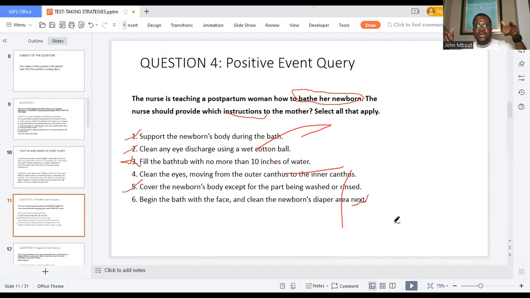So meaning to say from the face to the diaper. No, that's not the procedure. From the face, the head, the body, down to the legs, the groin, you end with the diaper area last. That's why we say, read your options, read within the line. You see what that one word can do for you?